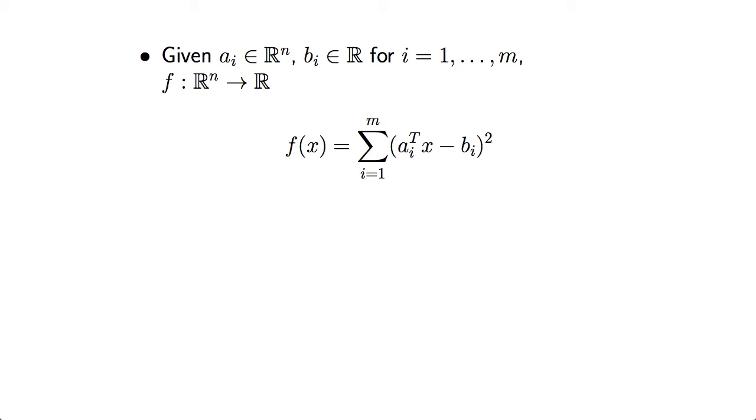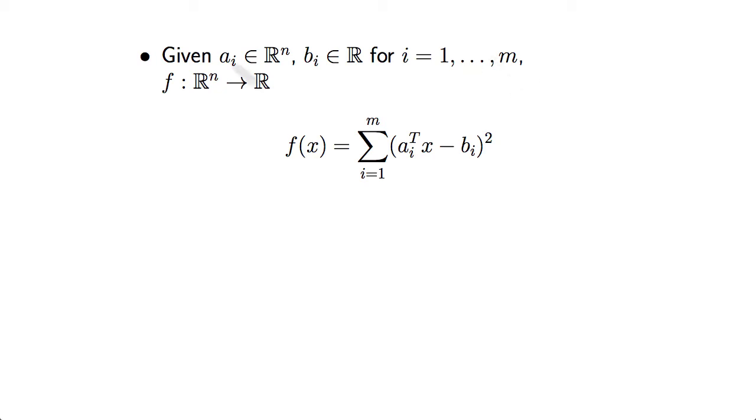Okay, to start off with, let's look at the following problem. We're given a set of vectors a_i, where each a_i is a vector in R^n, and a set of b_i, where each b_i is a scalar value, and we have each of these from i equals 1 to m.